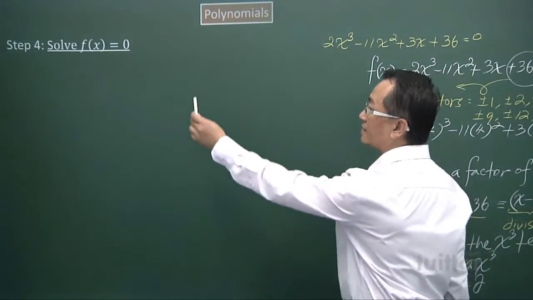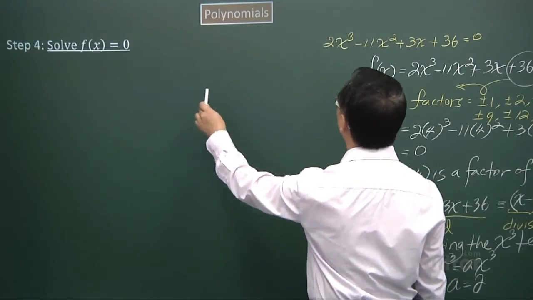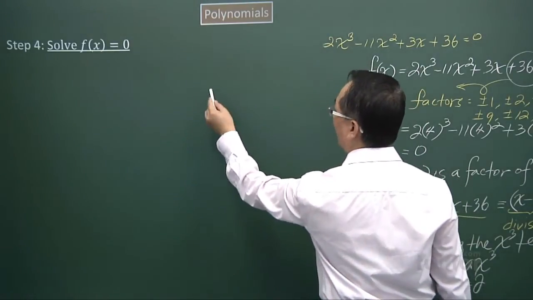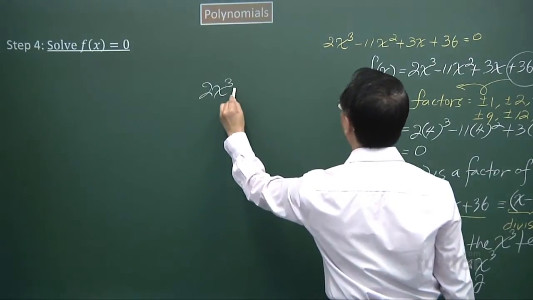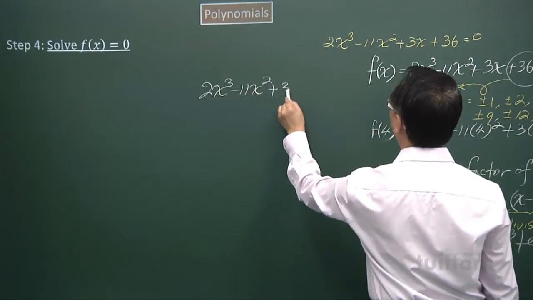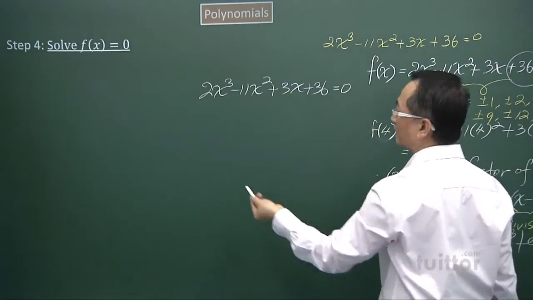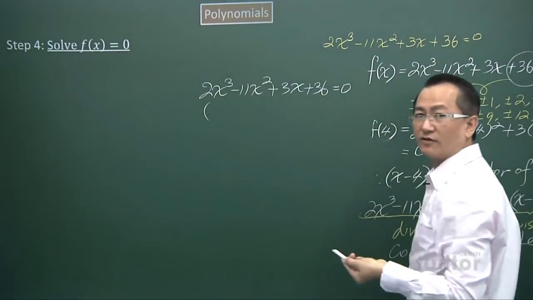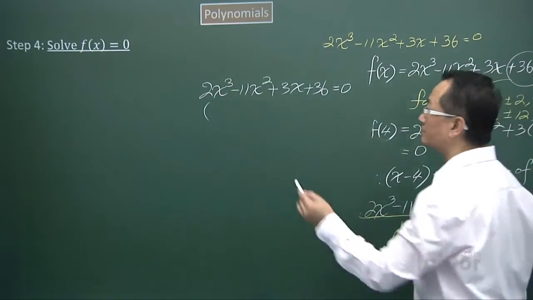Now, looking at step 4, solve f(x) equals to 0. So the f(x) is actually 2x cubed minus 11x squared plus 3x plus 36 equals to 0. And we had the first factor over here, which is x minus 4.